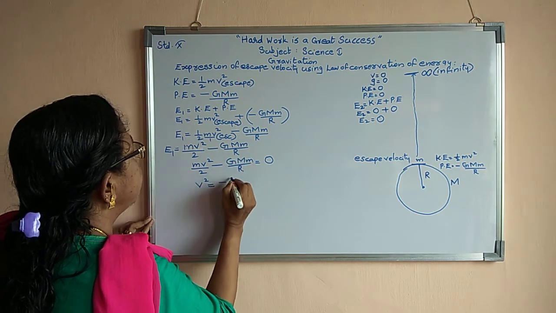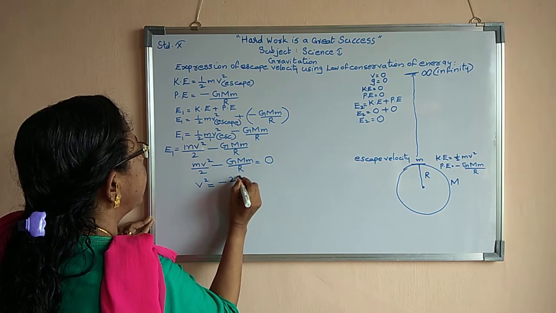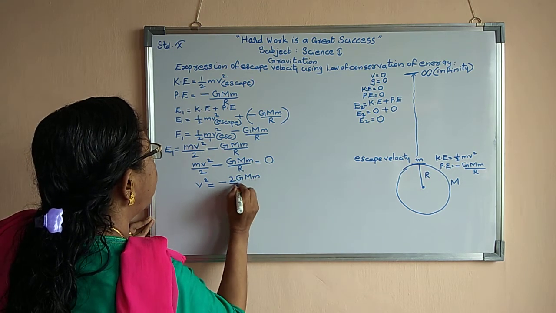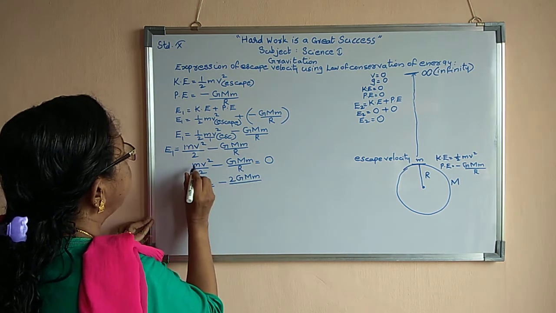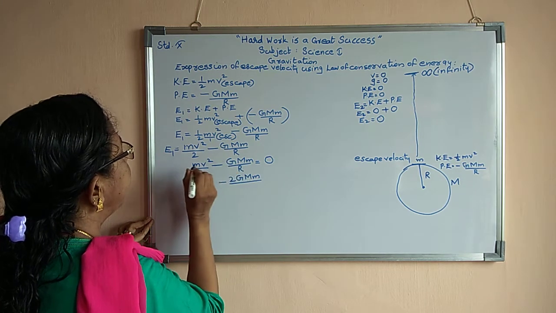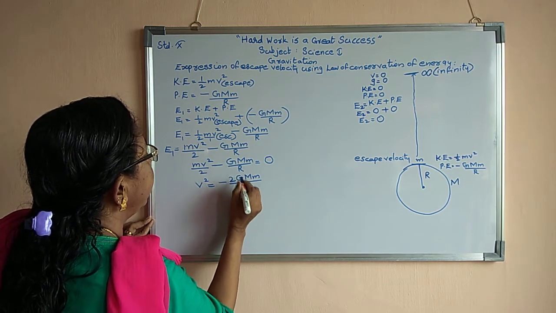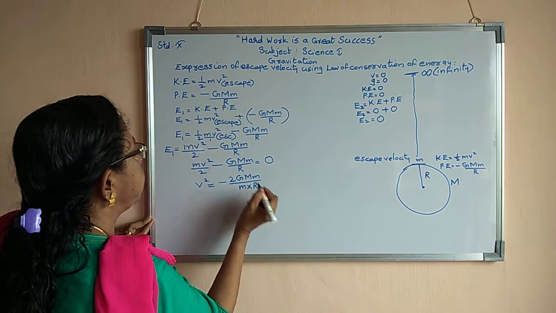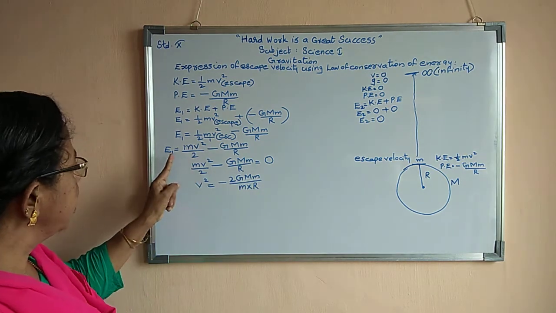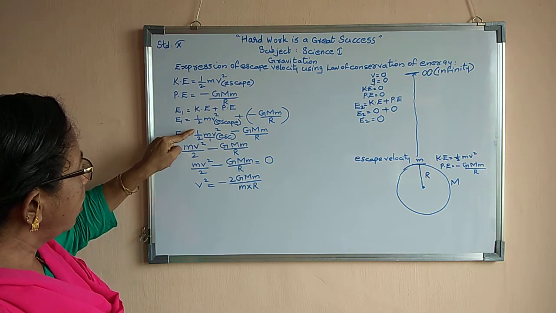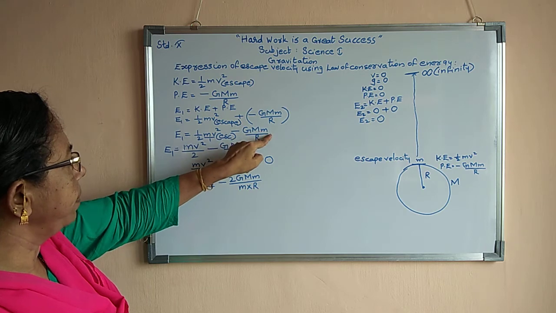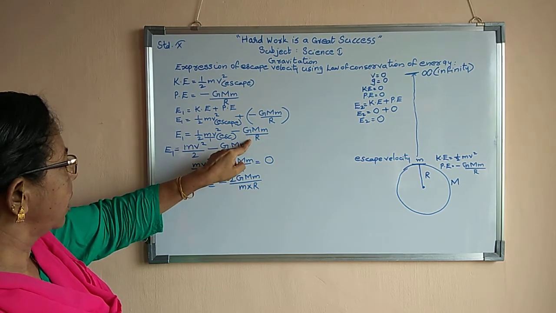Then 2 G capital M small m upon, then here this 2 goes upside, m is coming down. Then here R is there, so m into R.